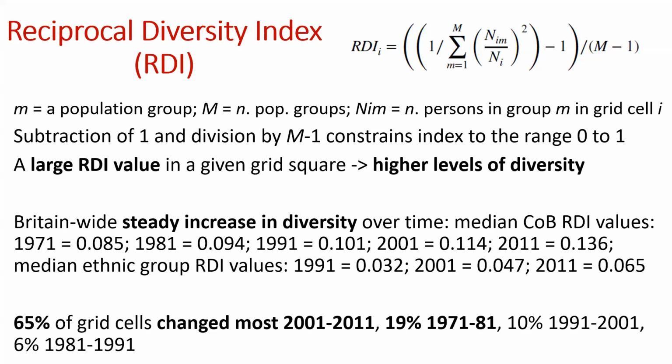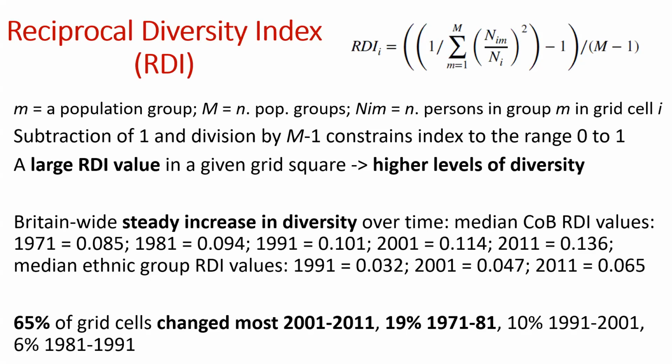Out of all of these time periods, 2001 to 2011 was by far the most dynamic. 65% of grid cells changed the most in terms of their diversity levels between 2001 and 2011. The second most dynamic period was actually at the start of our study period, 1971 to 1981, but that was considerably less dynamic, with 19% of grid cells changing the most during that period.